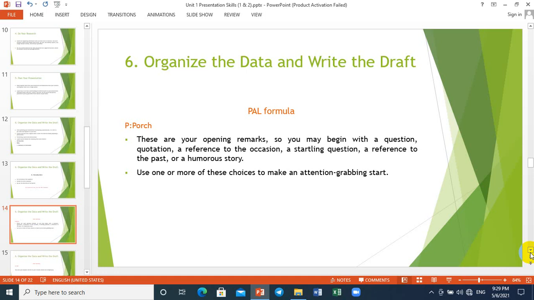So we can use one or more of the choices to make an attention-grabbing start. So we start our presentation by using one or more of the choices to draw the audience's attention.